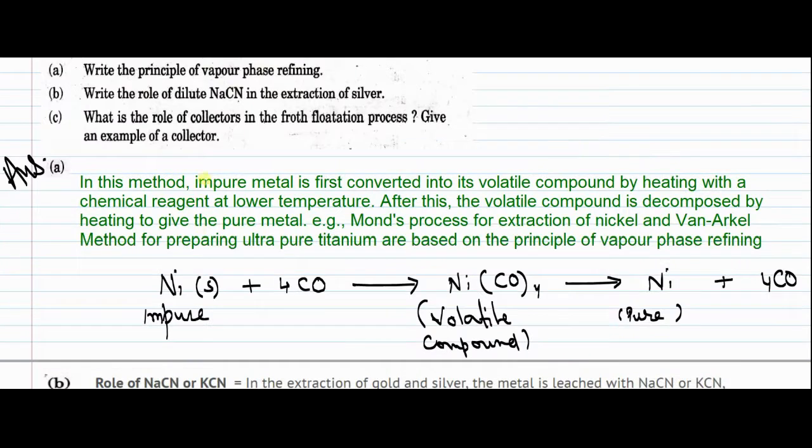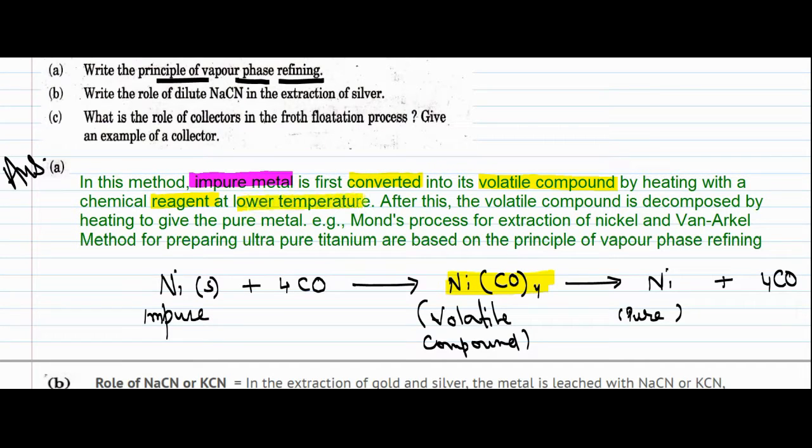Write the principle of vapor phase refining. In this method, impure metal is first converted into volatile compound by heating with a chemical reagent at lower temperature.